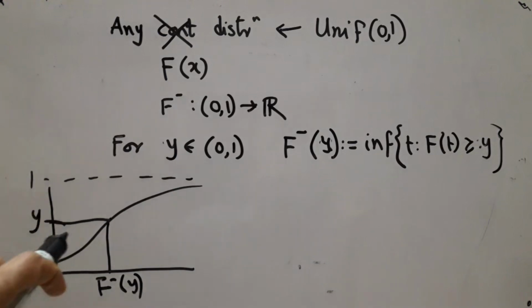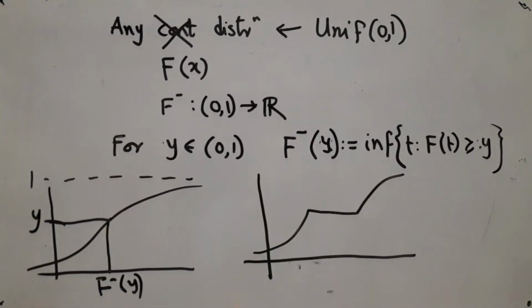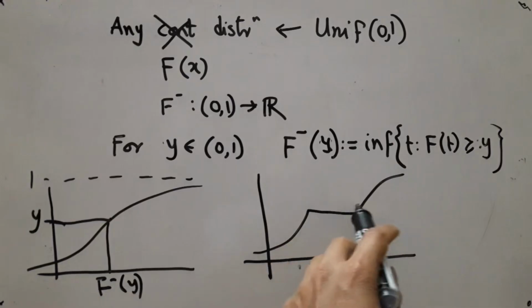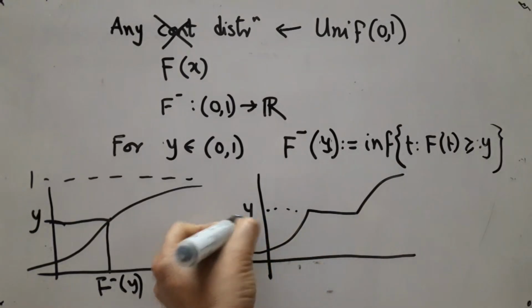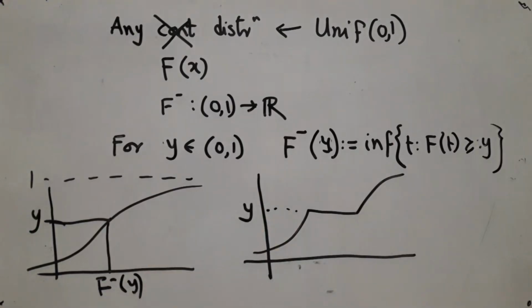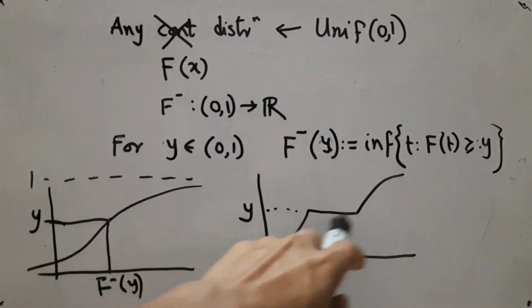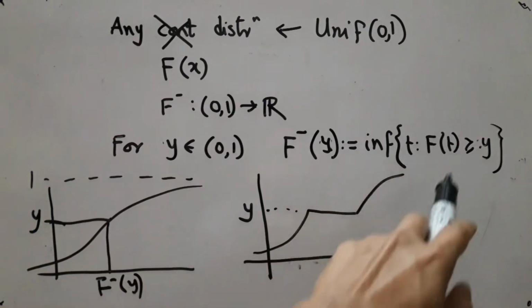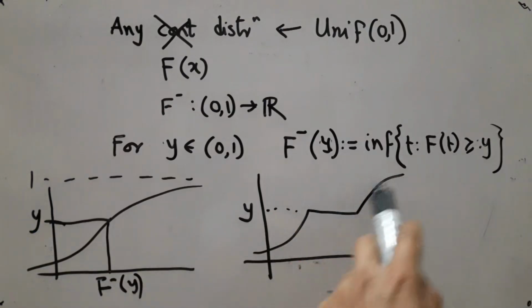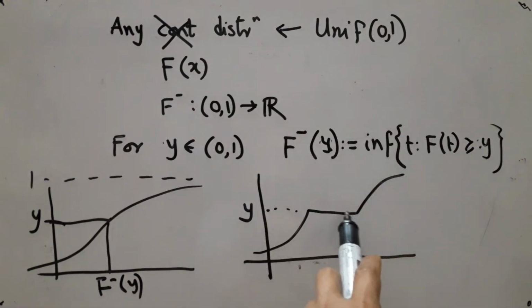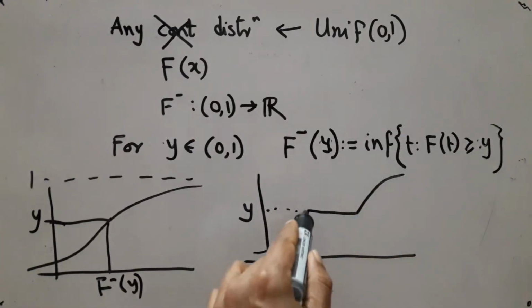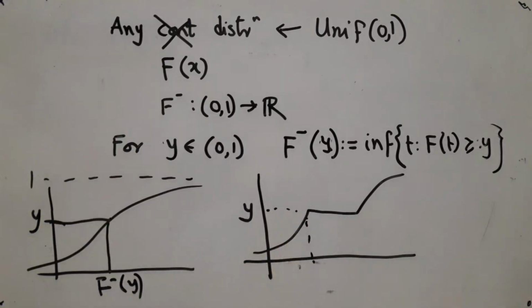However, if this graph looks like this with a flat region and your y happens to be exactly at that flat value, in that case you will consider all those F(t)'s such that it is greater than or equal to y, so it is this part, and the infimum will force you to seek the leftmost point of that, so this will be your F^-(y).